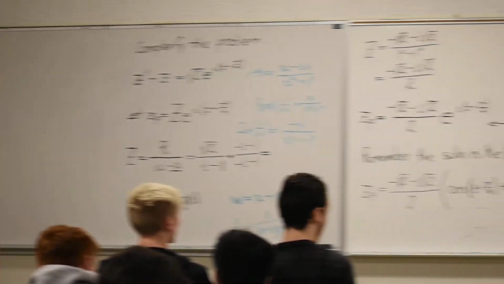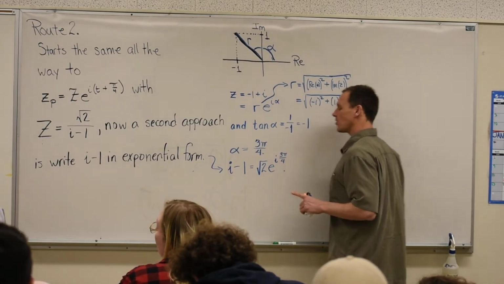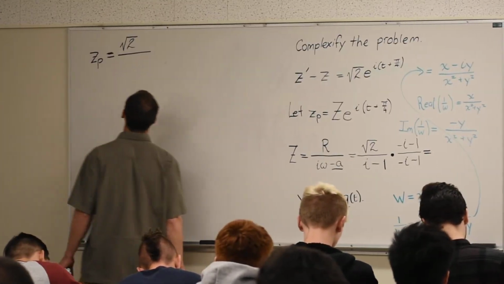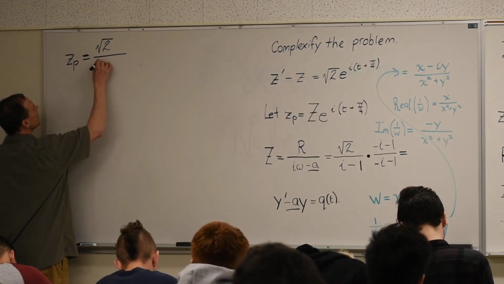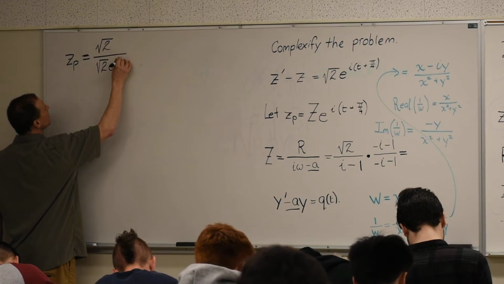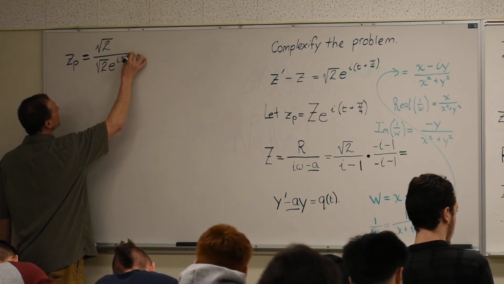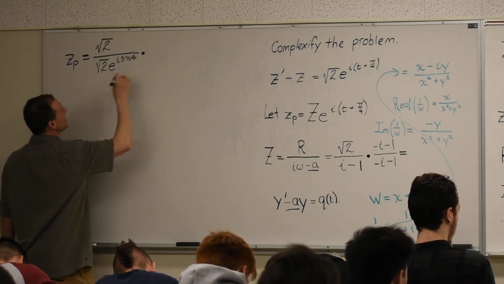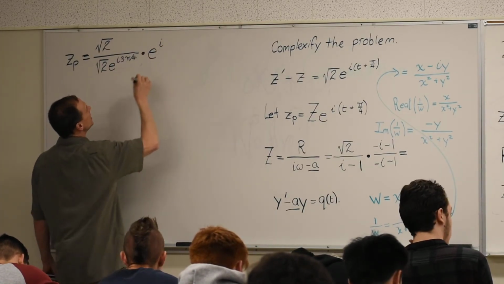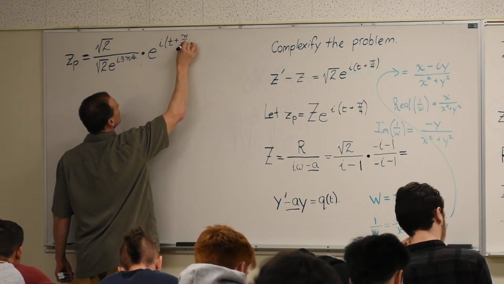It's really the square root of 2 over the square root of 2 e to the i 3 pi over 4, times the rest of this, e raised to the i times, what did we find out? It was t plus pi over 4.